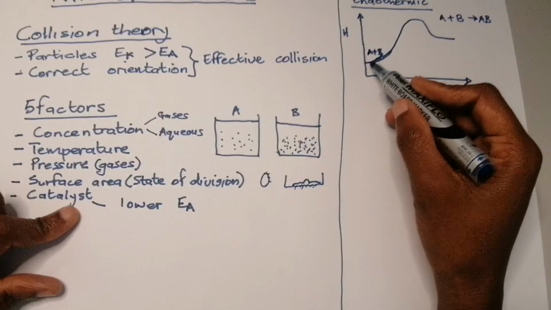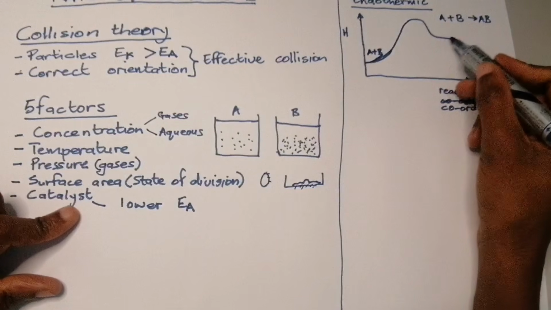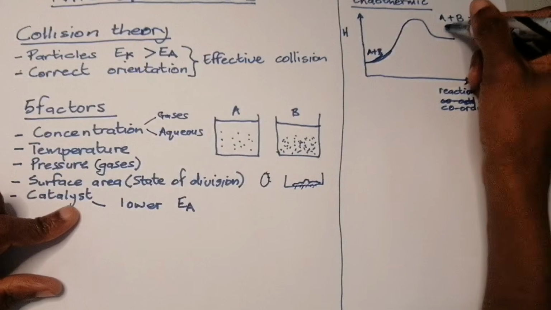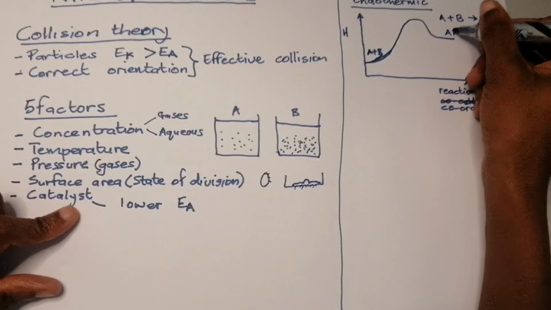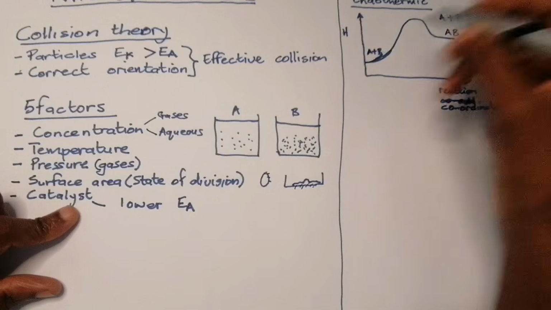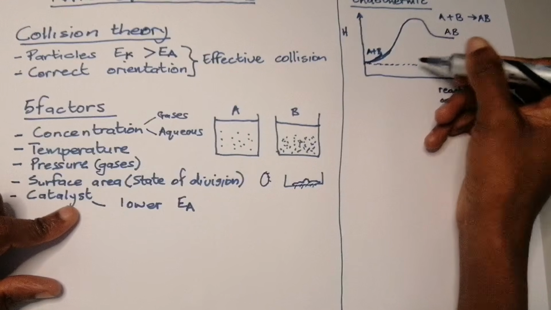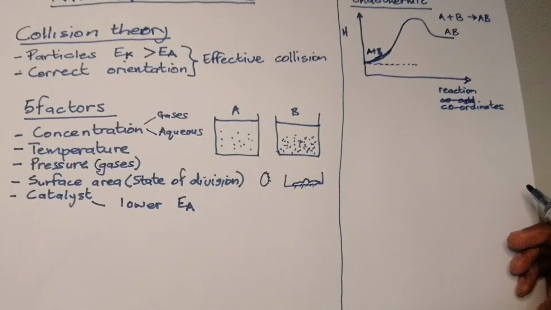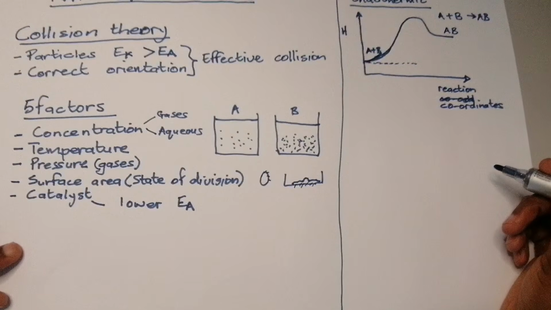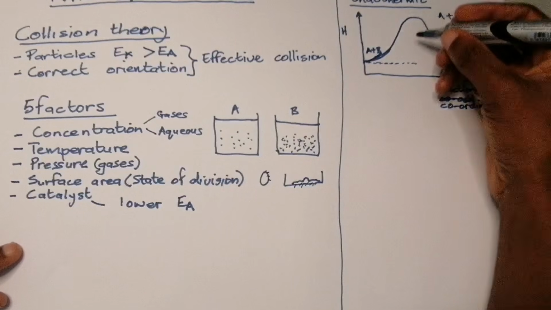Now you can tell the energy here is lower than the energy there. So this is the portion where we've formed products. In an endothermic reaction, it simply means that the reactants need to absorb energy in order to form products.